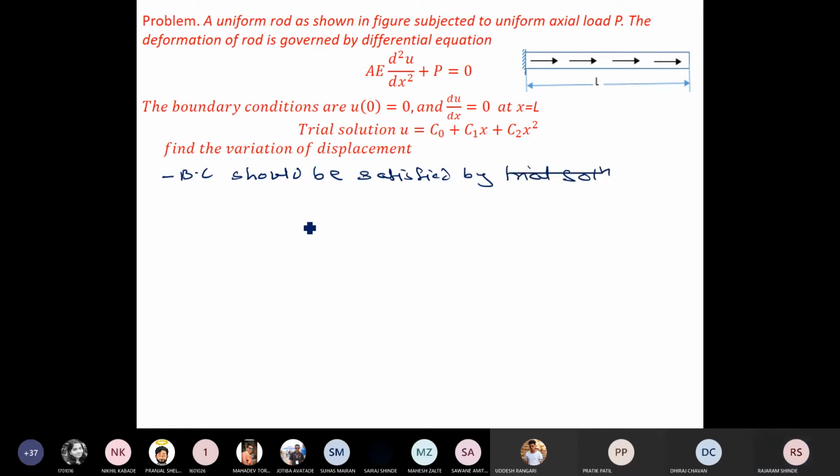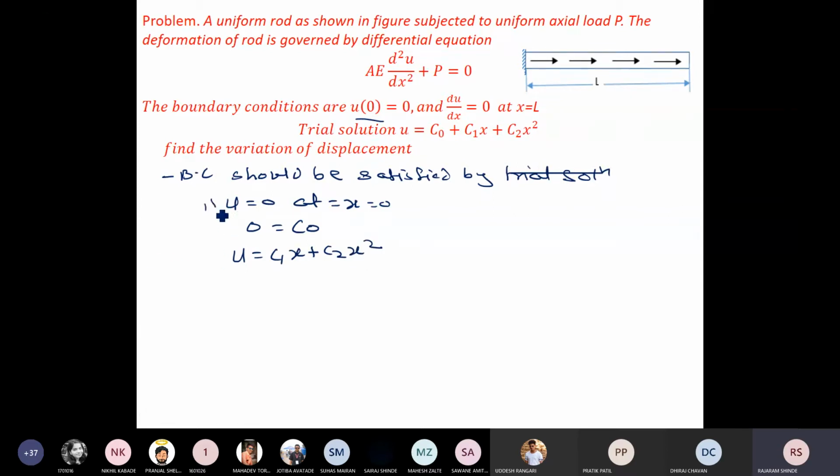Okay, next one. Now the first boundary condition is u is equal to 0 at x is equal to 0. Now it becomes 0 is equal to c0. Okay, do you agree with this? Therefore your trial solution becomes u is equal to c1x plus c2x square.